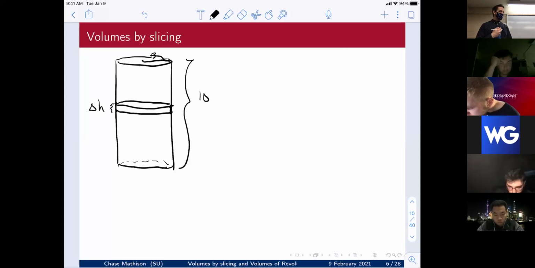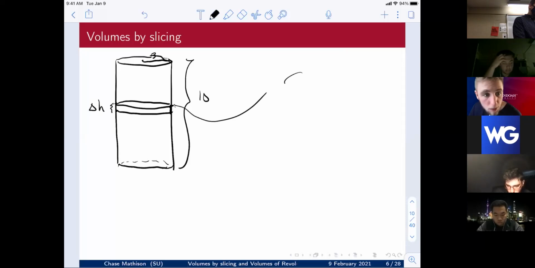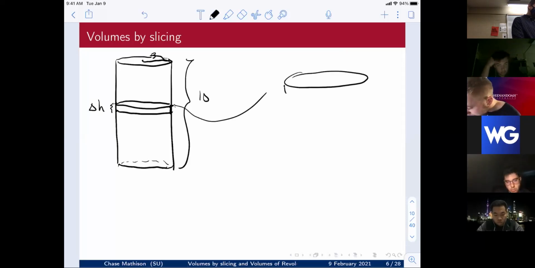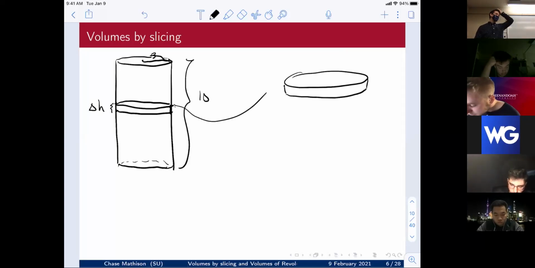So I cut it and then I pull that sliver out and I examine just what is the volume of this little sliver. So delta H, we know the width of that is delta H. We know the radius of this is 3.